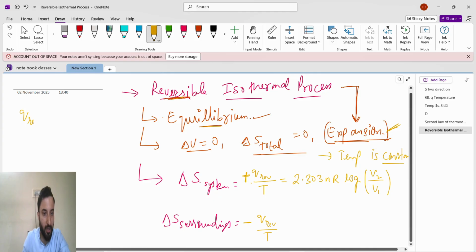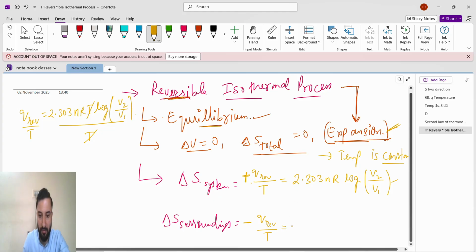What is the formula for Q reversible? 2.303 nRT log V2 by V1 for the reversible expansion process. So Q reversible divided by T: T gets cancelled. That's why Q reversible by T gives 2.303 nR log V2 by V1. We don't have T because T got cancelled.